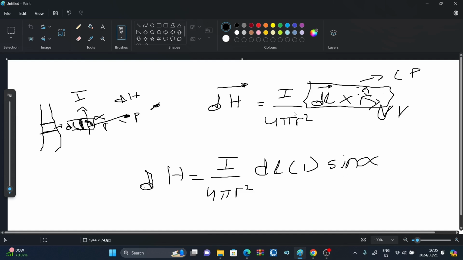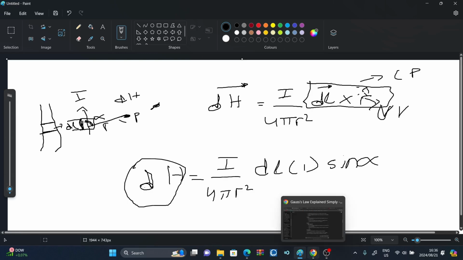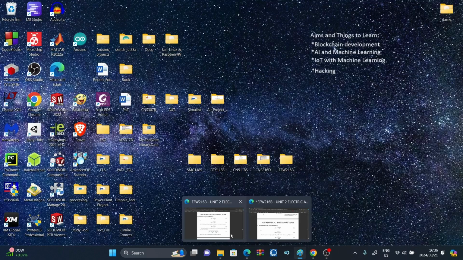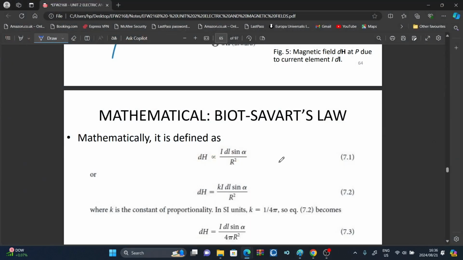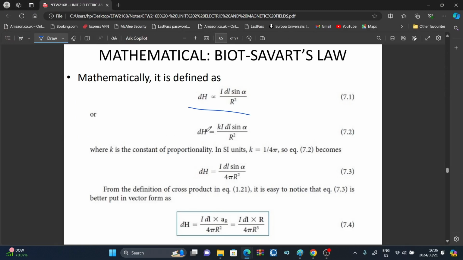So that's how we get our formula, or that's the basic understanding. That gives the strength of the field at this point. As you can see in the notes, they show you the process of how they get it.